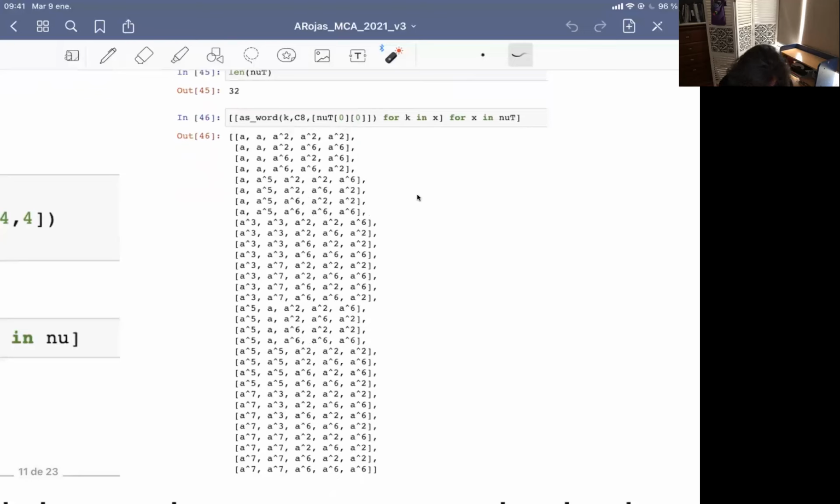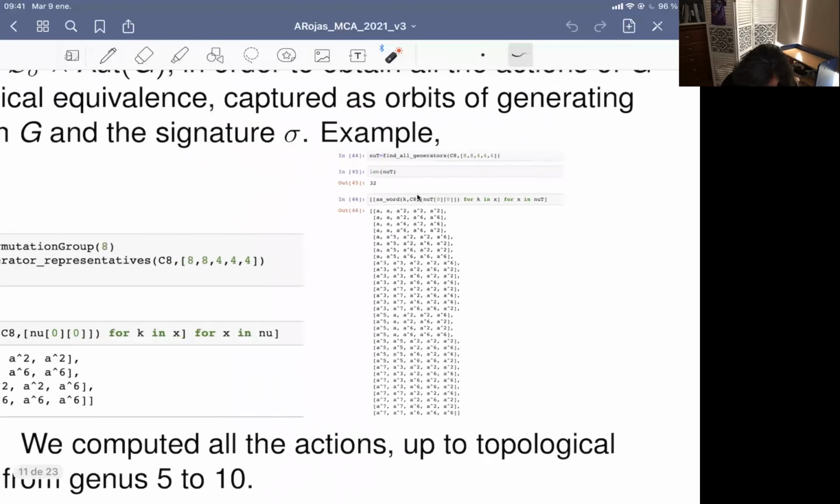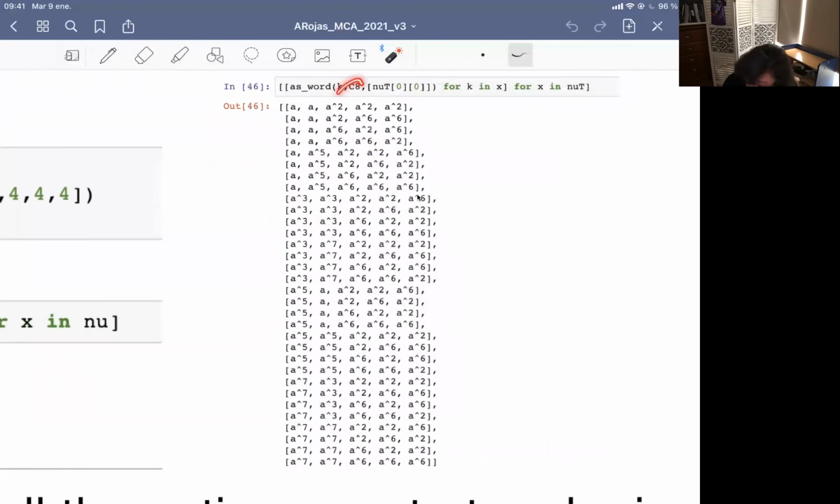They are grouped in packages of topologically equivalent actions. So these 32, well, you can put them there. And we need to compute this action of the braid group and the automorphism group. For instance, the automorphism group of C8 is the Klein group. So among these 32, at least there are 8 orbits, see?